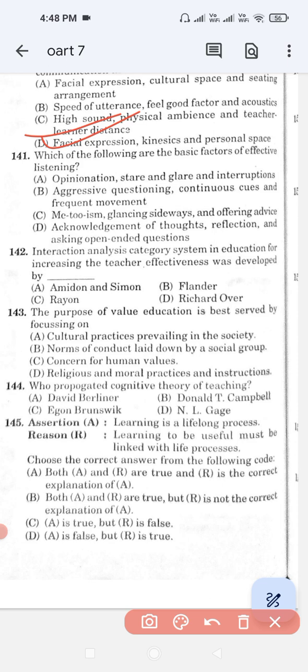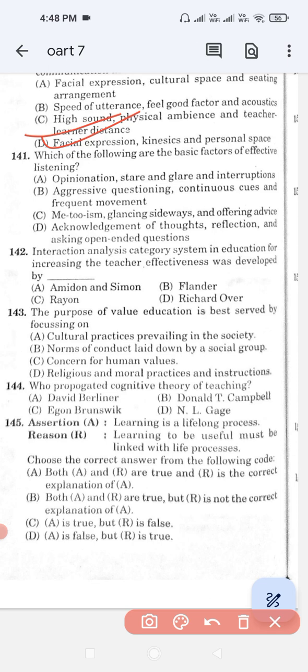Now question number 141. Which of the following is the basic factor of effective listening? Option A, opinionation, stare and glare and interruptions.